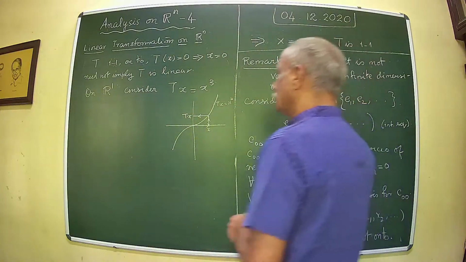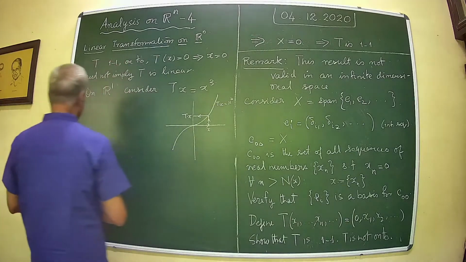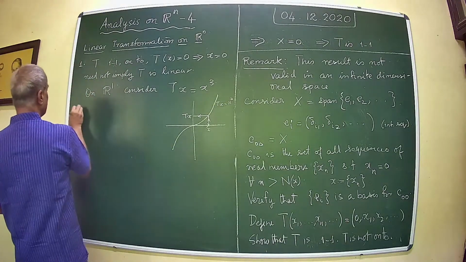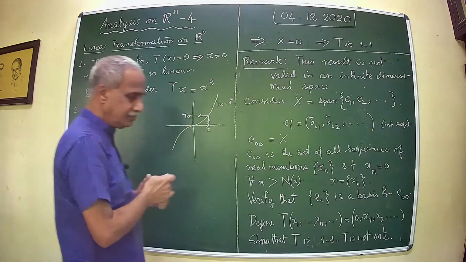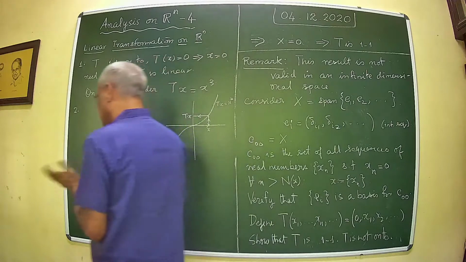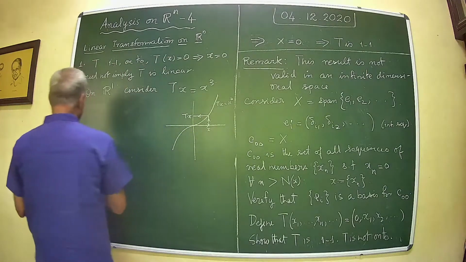And you also see that T 1 to 1, onto need not imply T is linear. So you look at this one.